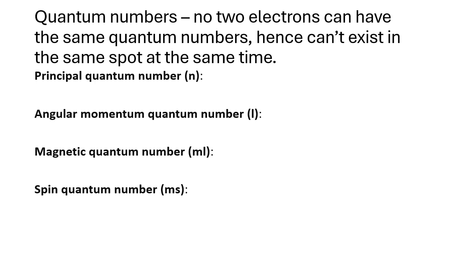We start at 0, minus 1, minus 2, plus 1, plus 2. This electron is in minus 2, so it is negative 2, and it's pointing down, so it's negative 1/2. So the 4 quantum numbers are 3, 2, negative 2, negative 1/2.